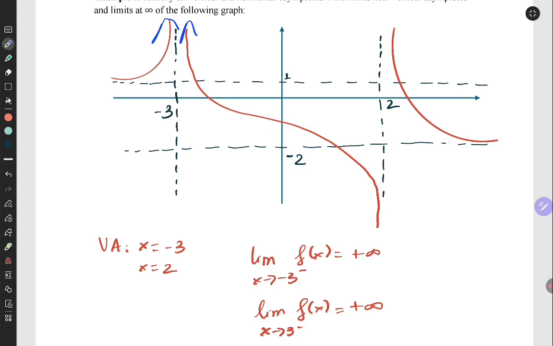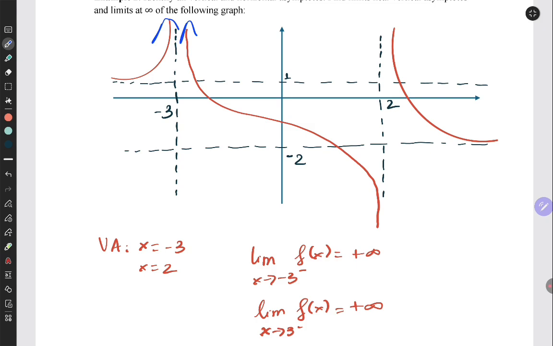Group number 4. On the left it is negative. On the right, positive. Okay. How many vertical asymptotes and horizontal asymptotes are there, and what are they? What was the last one? 15.